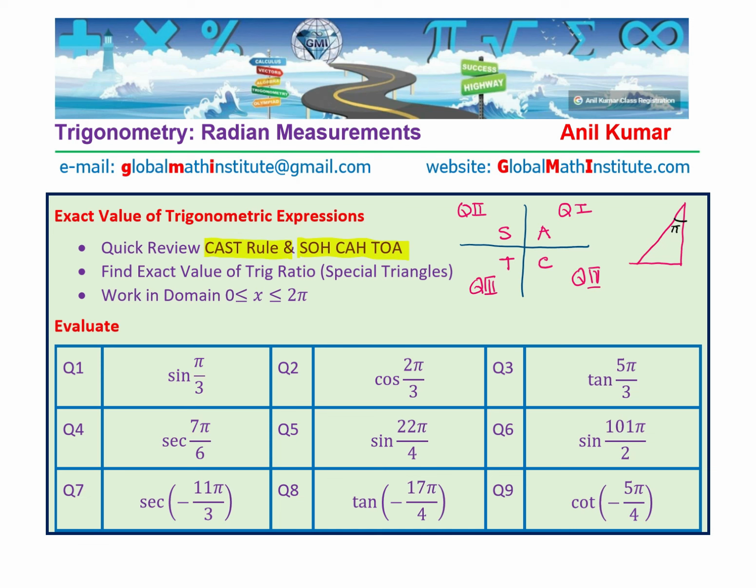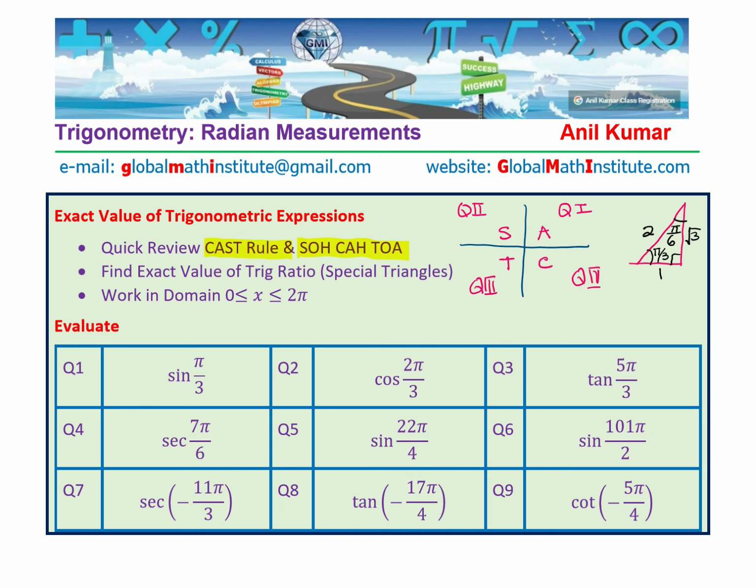You can convert by the conversion factor. And 60 is pi by 3. 90, of course, is pi by 2. In that case, the ratio of the sides is 1 to square root 3, hypotenuse being 2 units long, if the base is 1 and the altitude is square root 3.